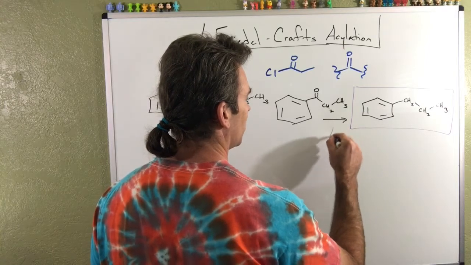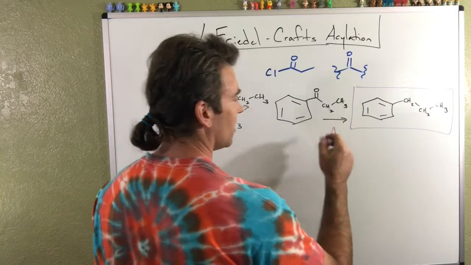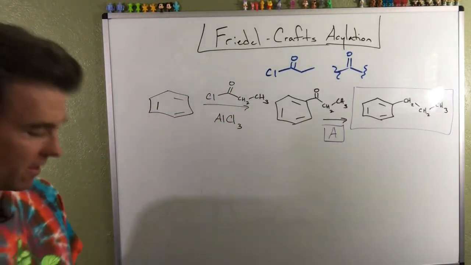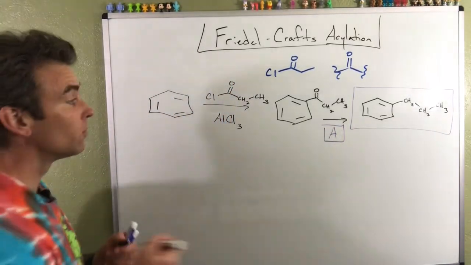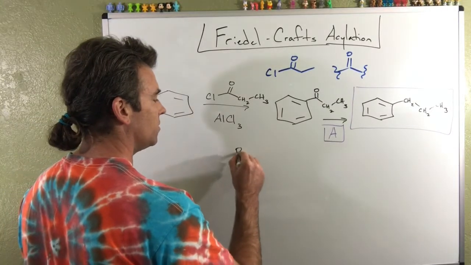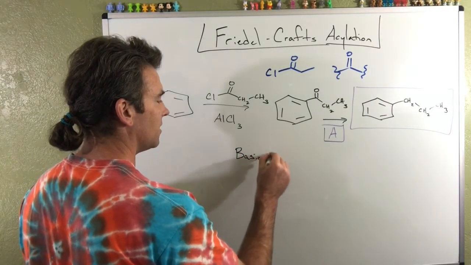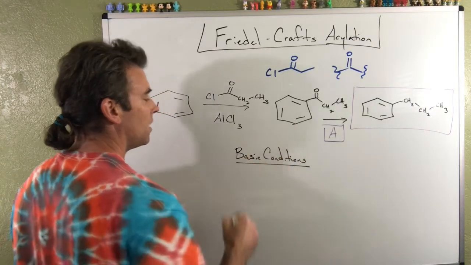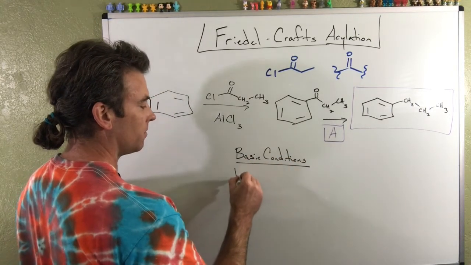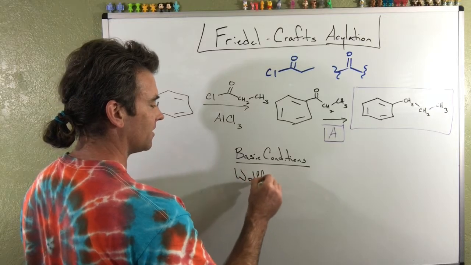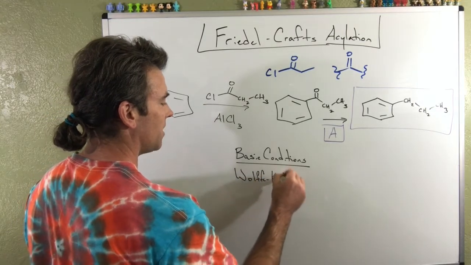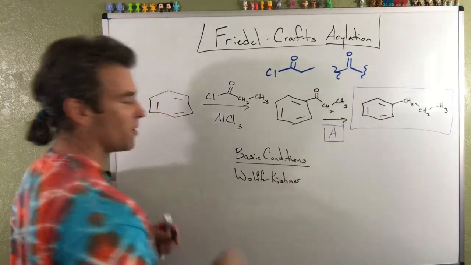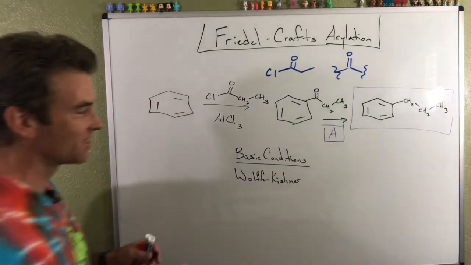It turns out that this step can be done in a whole variety of ways. So let's just label it with A here, and I'll give you the reagents that we could use to remove that. Well, one really common reagent is to use basic conditions. This is also termed the Wolff-Kishner reduction, which I may misspell. Kishner. It may be Kishner or Kishner. Anyway, Wolff-Kishner reduction.